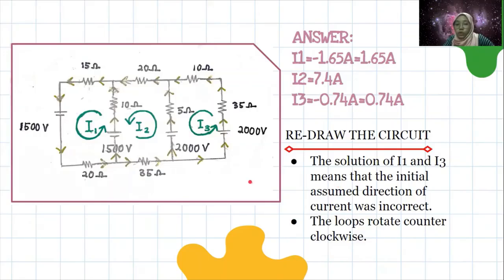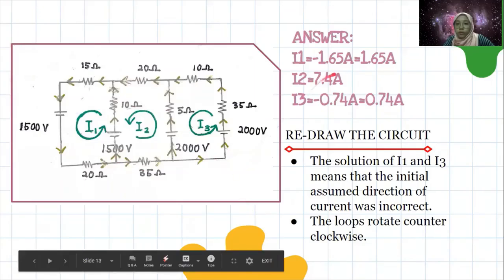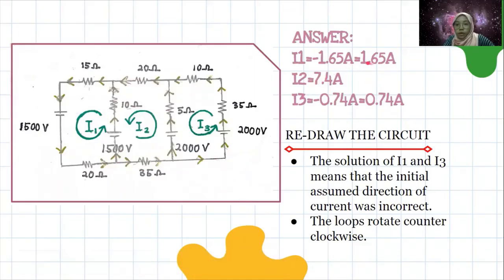So we draw a new one. As you can see, all the loops rotate counterclockwise: loop 1, loop 2, and loop 3. For the correct one, we must make sure that the amperes are positive.